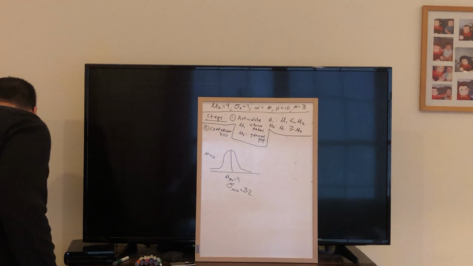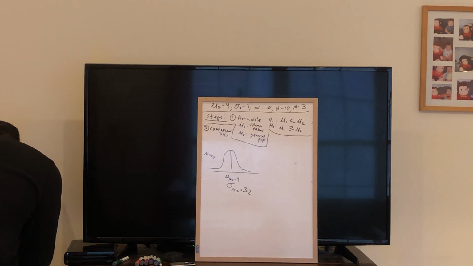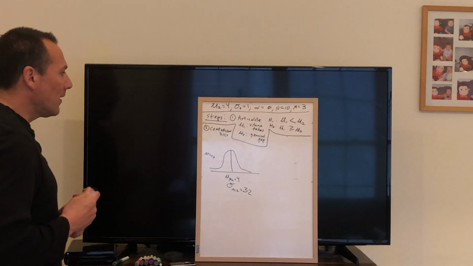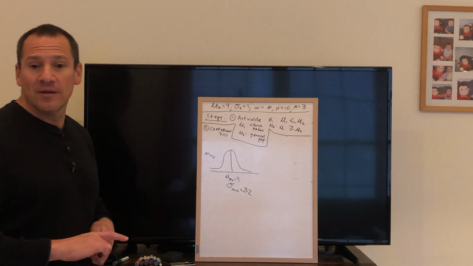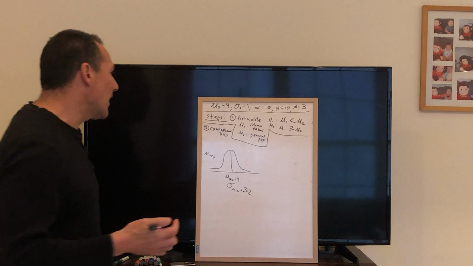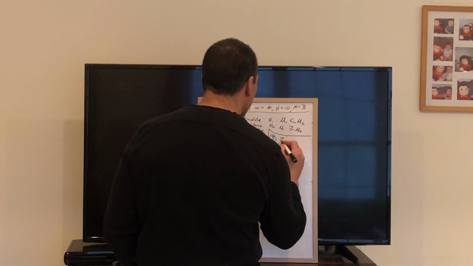Okay, step number 3. This is still the same step as it would be if we were going to carry out the hypothesis test. Step number 3, we're going to figure out z critical.